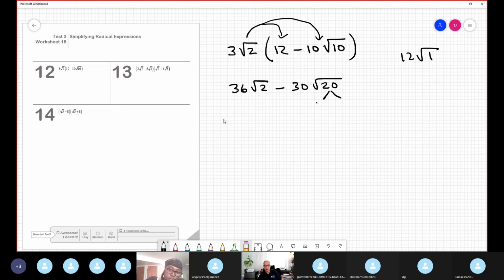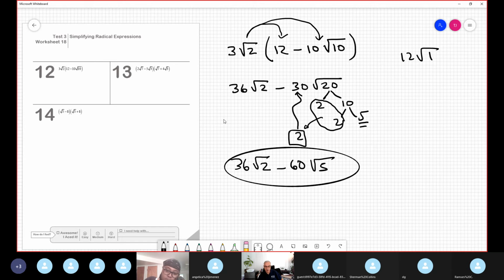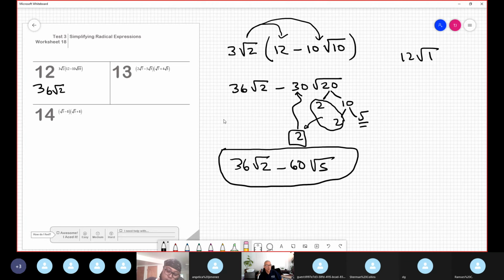But 20 we can simplify: 2, 10, 2, 5. A couple of 2s represents one 2 outside. This 2 multiplied by 30 is 60. So 36 radical 2 minus 60 radical 5. Can we do something here? Nothing, because when you have different radicals, we cannot do anything. The answer is 36 radical 2 minus 60 radical 5.